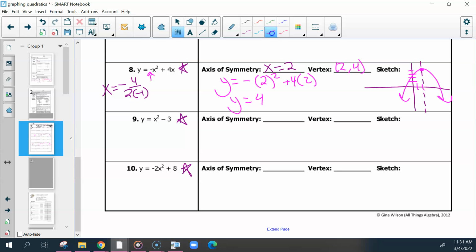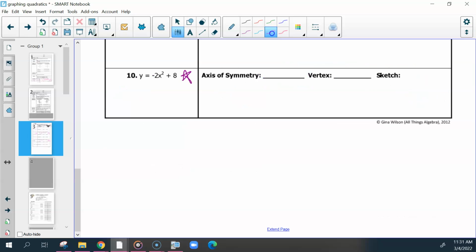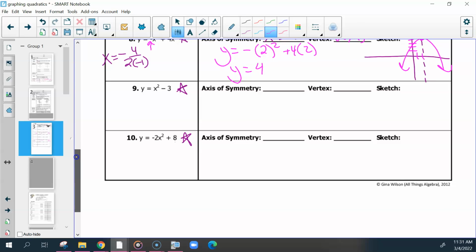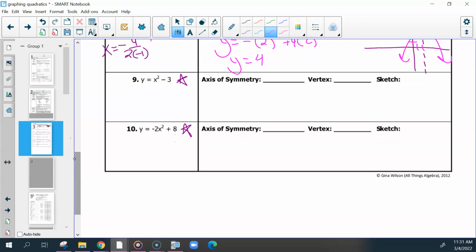And then last one we'll do together, number 10. When we do our axis of symmetry for this one, we don't have a B value, so it's just going to be 0. And then if I put in everything else, we have 2 times our -2.